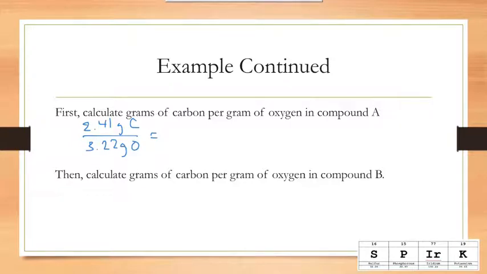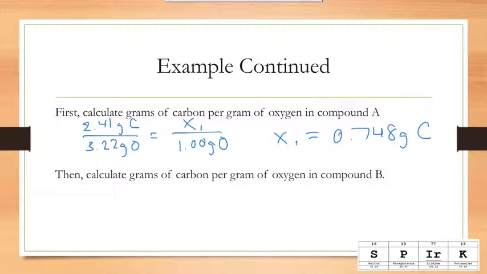And what we're trying to do is solve for grams of carbon per 1 gram of oxygen. So when we end up solving that out, we get 0.748 grams of carbon per 1 gram of oxygen for compound A.